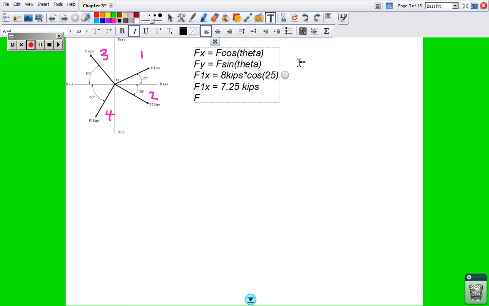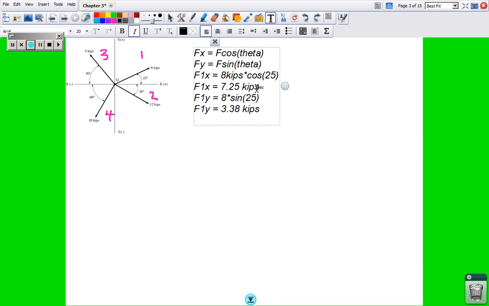Okay, F1y is going to be equal to 8 kips times sine 25. So F1y is equal to 3.38 kips. Both of those are positive because it's in the positive quadrant.